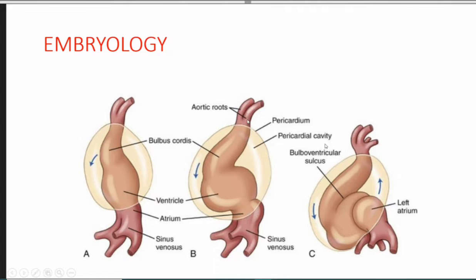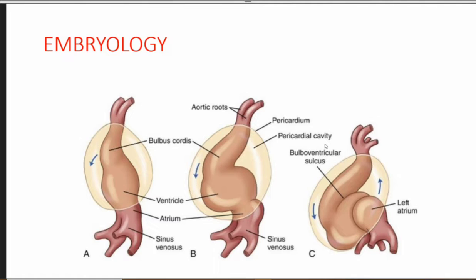So it bends with a bend towards the right side, and then it rotates clockwise so that the primitive ventricle and sinus venosus go left and posterior. The bulbus cordis comes anterior, and the bend happens at the junction of bulbus cordis and the primitive ventricle, which is called as the bulboventricular sulcus.